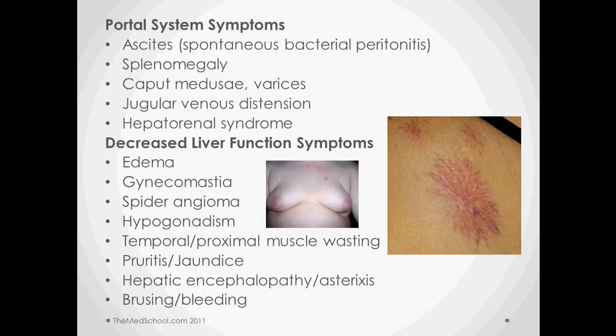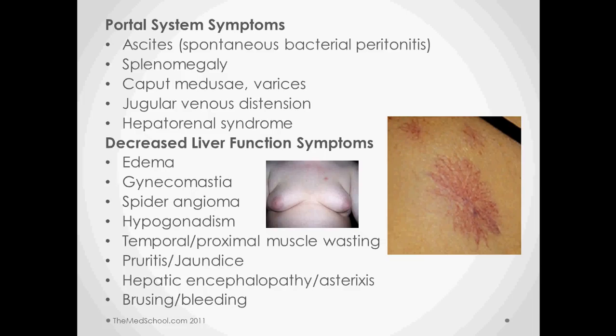Caput medusae and varices are just a function of an increased amount of pressure in the venous system, just as jugular venous distension is. The places that you'll find these varices include esophageal varices.